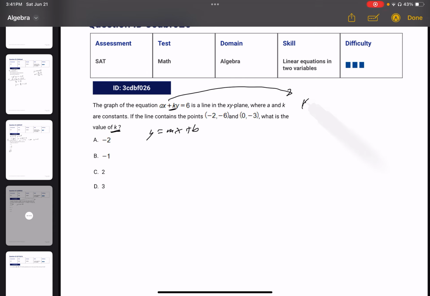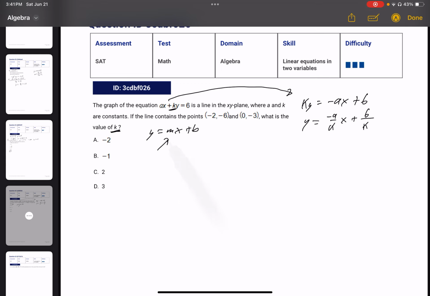So we have ky is equal to -ax plus 6. I'm just rearranging this equation. And then we have y is equal to -a over k times x plus 6 over k. This is our reformatted equation in the y equals mx plus b format. Now we're going to solve for the slope.